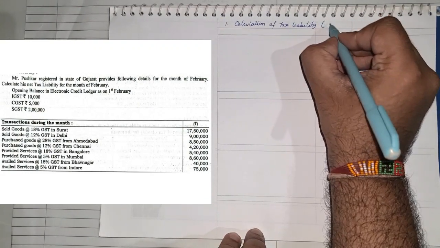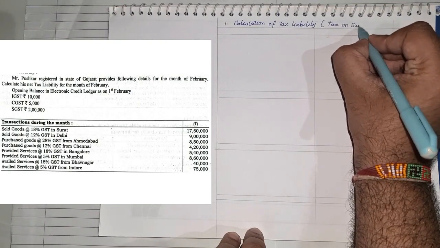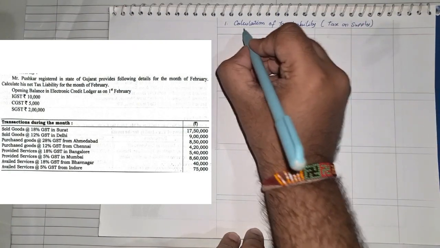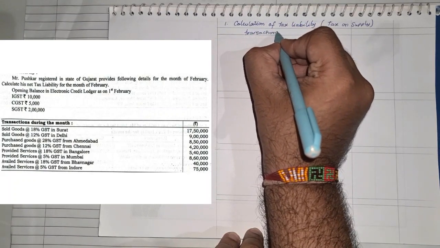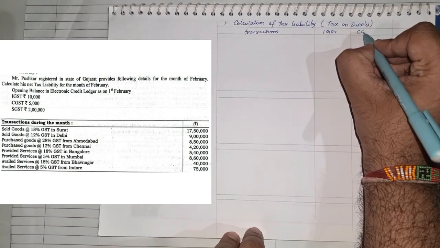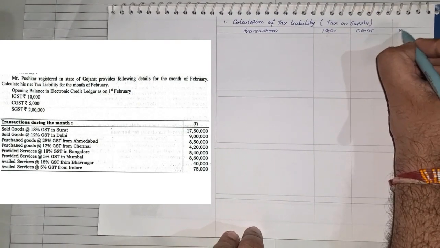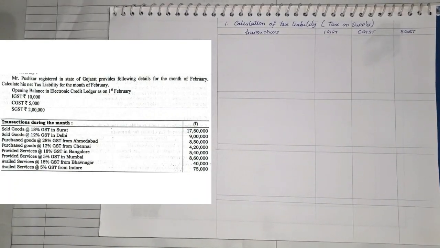This is basically where we are finding tax on supply. We'll have columns as transactions, IGST, CGST, and SGST, in the normal way. Now we read the question, each transaction.